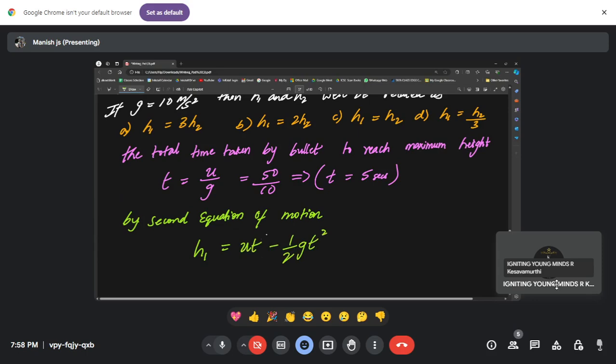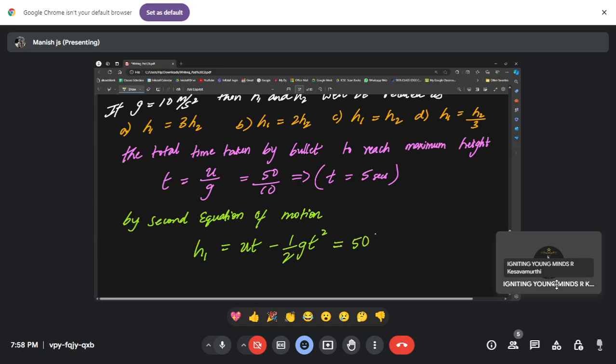The negative sign here indicates that the bullet is going against the force of gravity, that is against acceleration due to gravity, and hence the negative sign. So let us substitute the values and simplify it further.